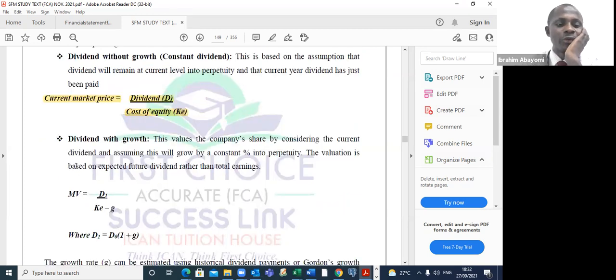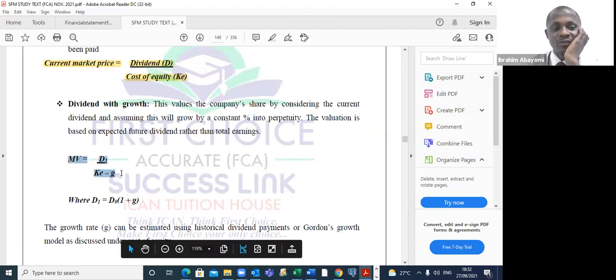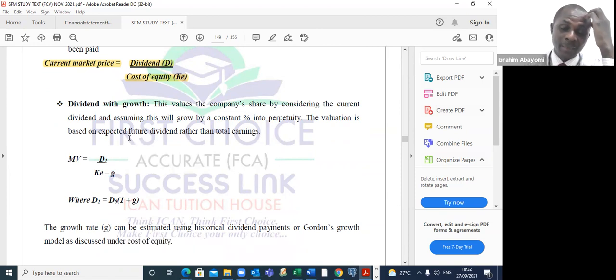Where your dividend is growing, then you are using the growing dividend formula. All these formulas, we have already treated: D0, 1 plus G over KE minus G. Remember, I made a distinction between D0 and D1. D0 is the current dividend, D1 is the future dividend.